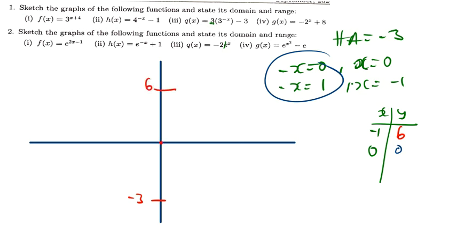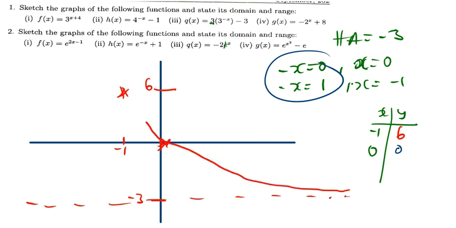Here I've got 0 and negative 1. So the first one is negative 1, 6, which is here, and the second one is 0, 0, which is there. What does it mean? The horizontal asymptote is here. So it has to start from the asymptote, then touch those two points. Starting from the asymptote, leaning away, touching those two points. That's the graph of this function.